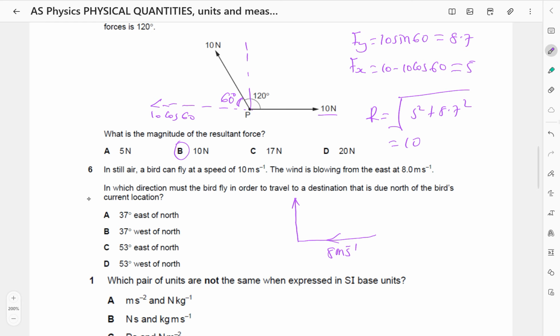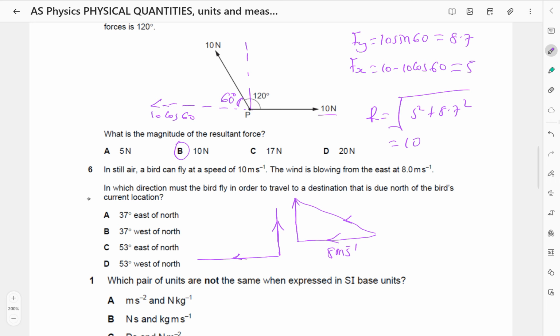In which direction must the bird fly in order to travel to a destination that is due north of the bird's current location? So the bird must fly in this direction, or if we had started it from this side, I'll use a different color for the other end. The wind could be blowing from the east to the west, and we want the bird to fly due north.